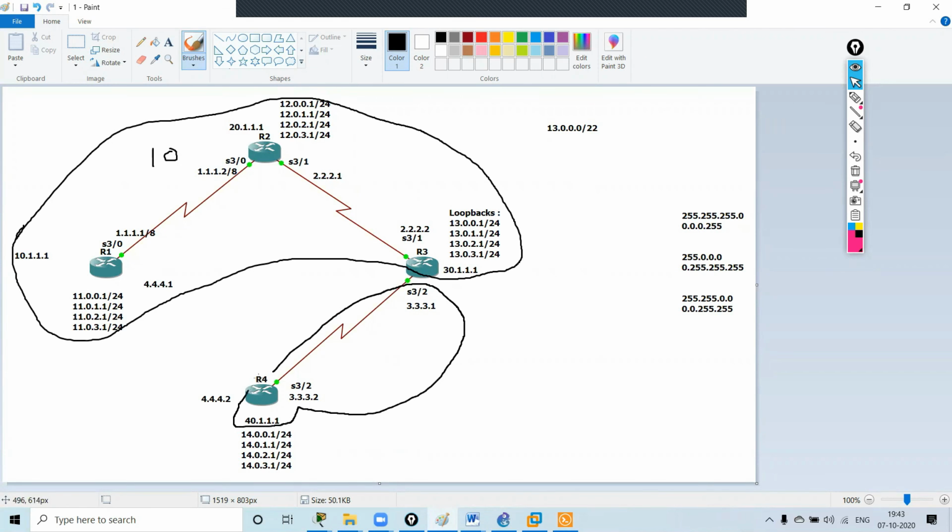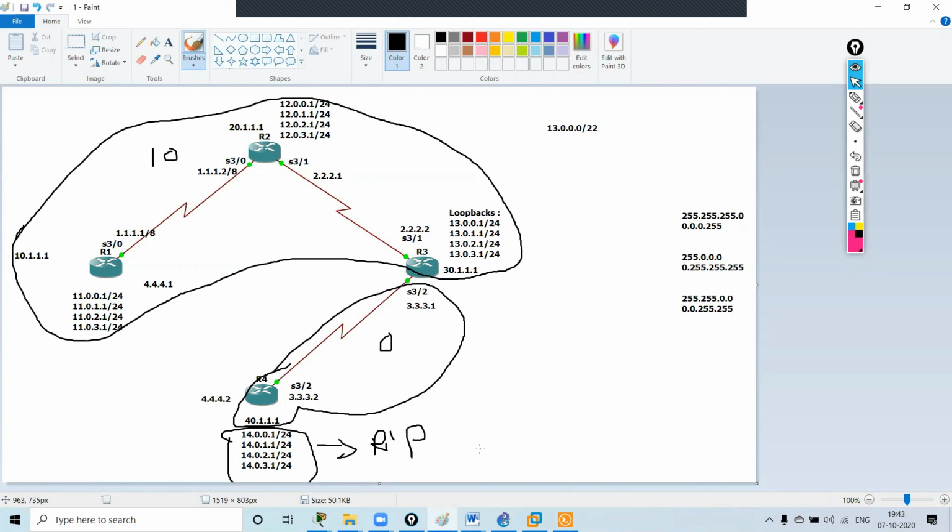These and these will be in area 0. And these loopbacks will be in any routing protocol. You can say either RIP or EIGRP, any of the routing protocol. Okay. So this is the task that you need to do as homework. OSPF stub and totally stub.